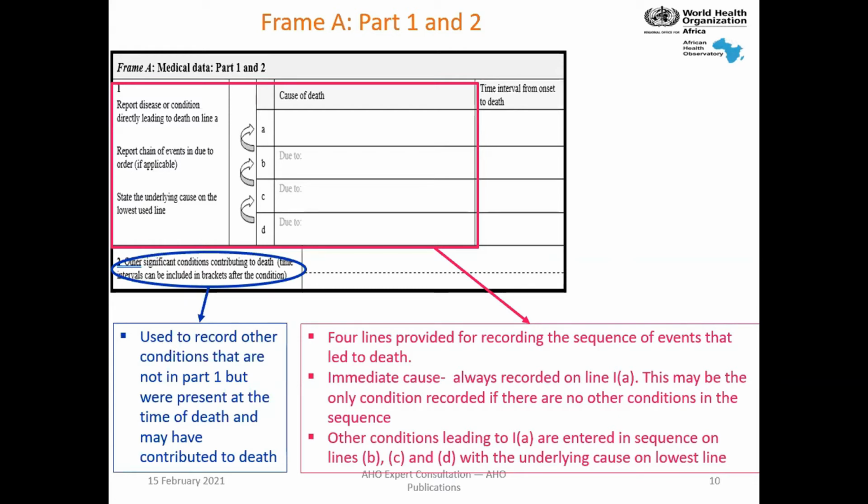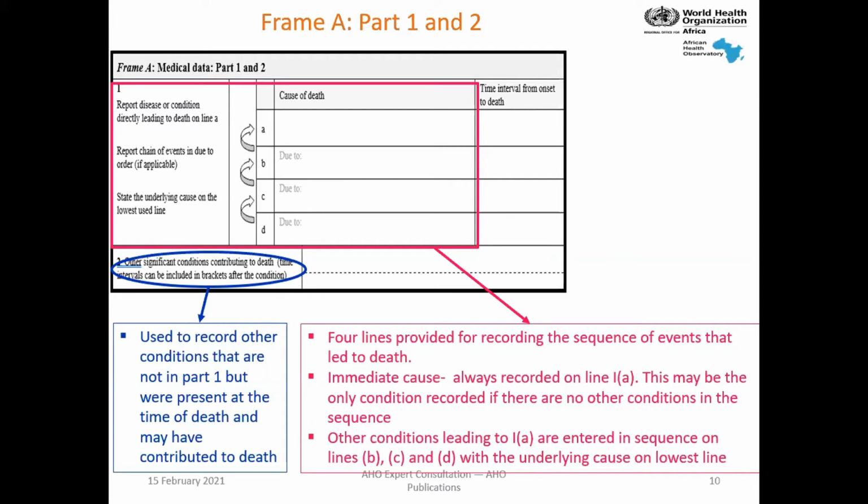But this mother also happens to be diabetic, for instance. Diabetes doesn't fall in that sequence that contributed to death. So if she happens to have diabetes, then you put diabetes in number 2, which is other significant conditions that contributed to death.